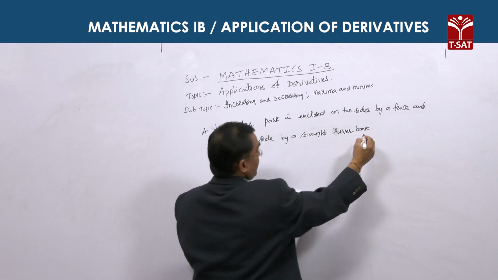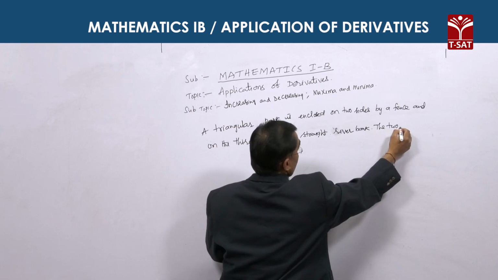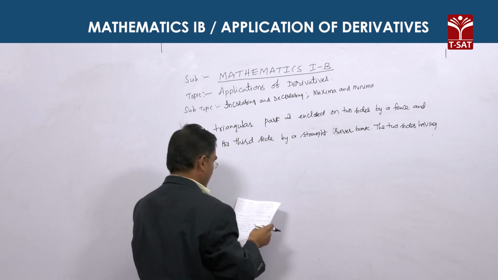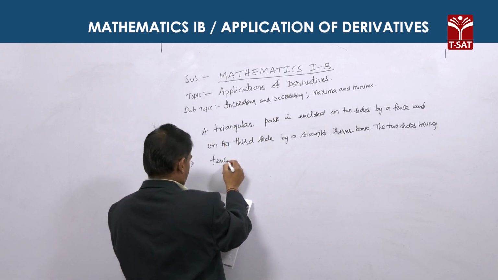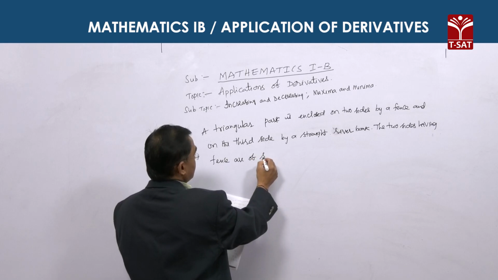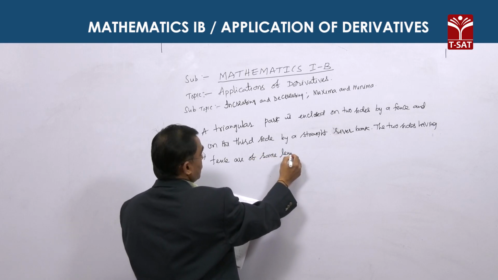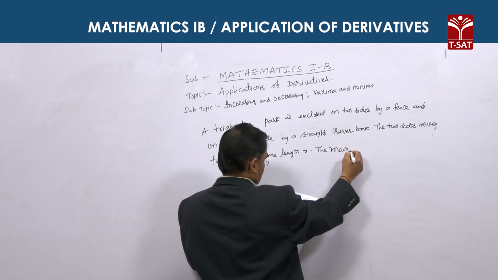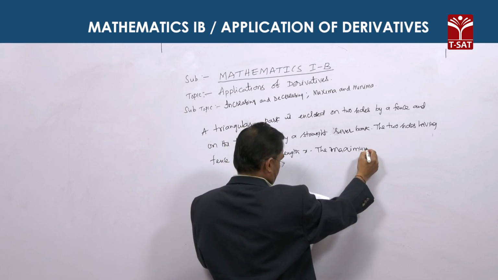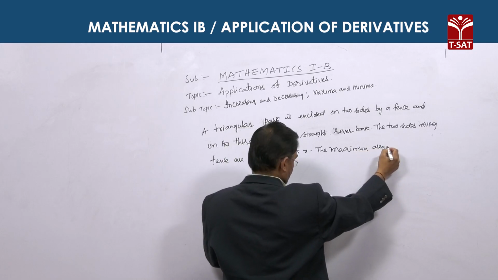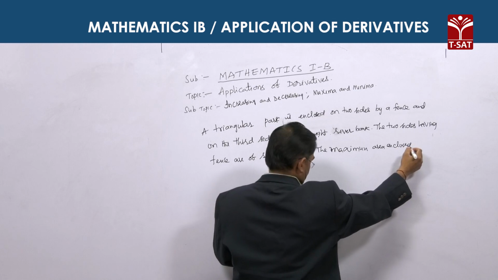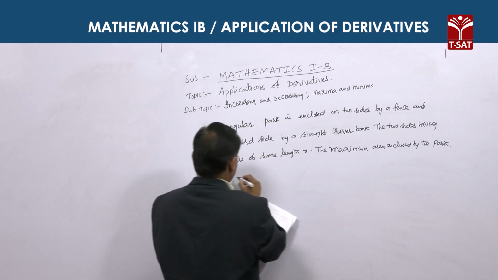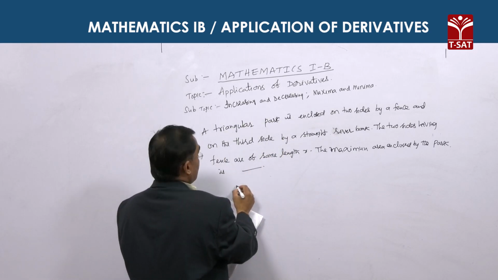The two sides having fence are of the same length x. The maximum area enclosed by the park is dash.